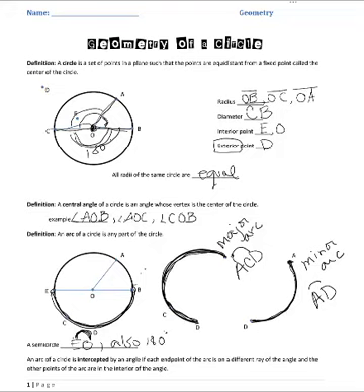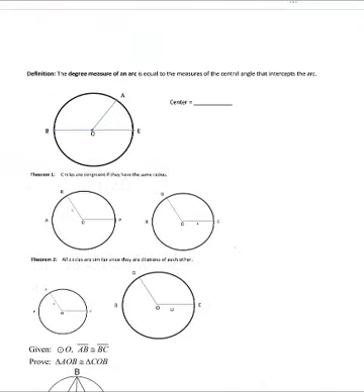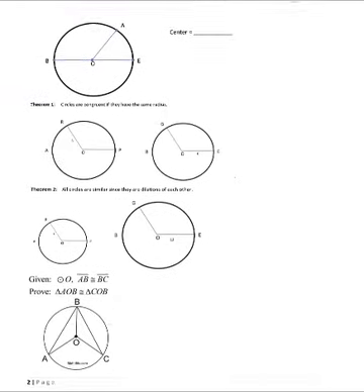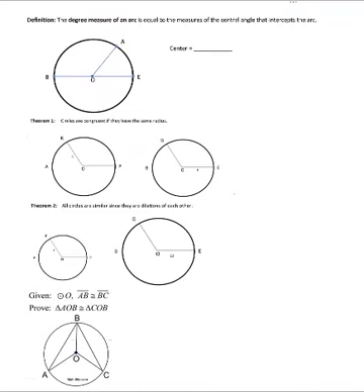So flip the page and we're going to do one little part next: the degree measure of an arc. So if we have this angle in here that's maybe 60 degrees, we actually measure this portion of the circle and we can call it 60 degrees as well.